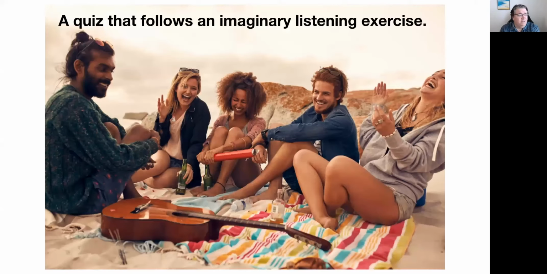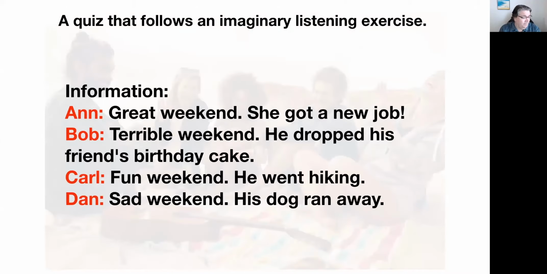Now let's imagine a quiz that follows an imaginary listening exercise. So the information: Anne had a great weekend, Bob had a terrible weekend, Carl had a fun weekend, and Dan, short for Danielle, she had a really sad weekend. Oh, that doesn't work. His dog ran away.